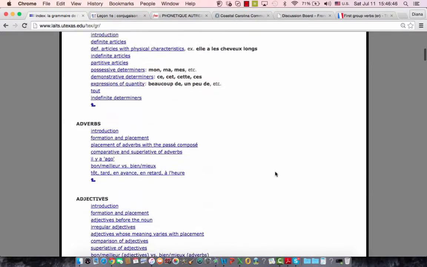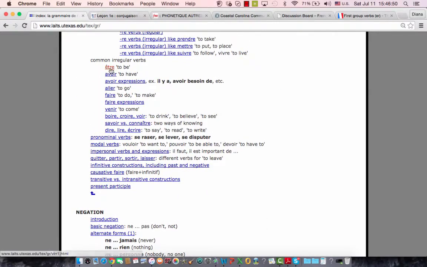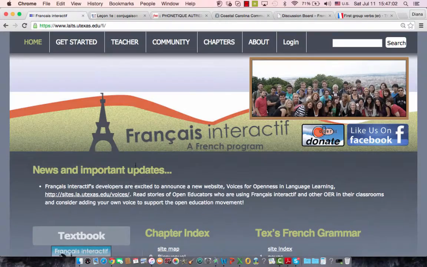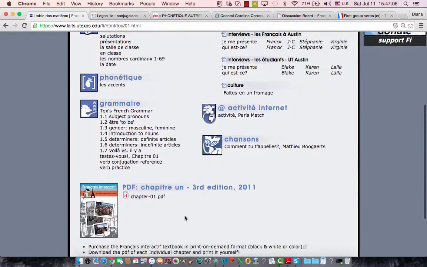So going to the site index, I know I want to review the verbs avoir and être and maybe some other verbs. So I can go either from this tab, or I can go in any of the chapters. I choose to go maybe in chapter number 1.